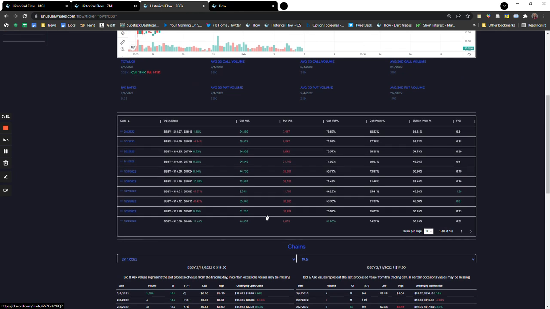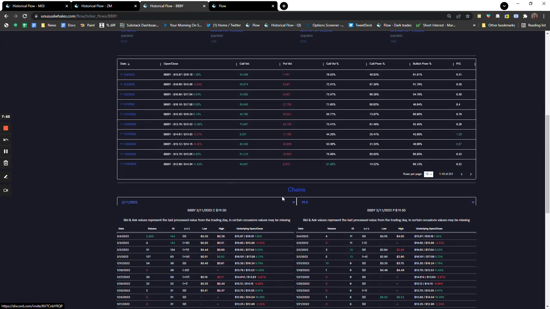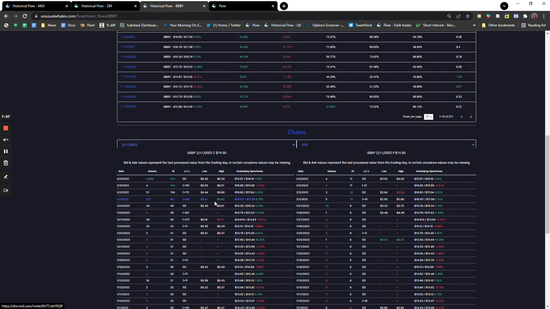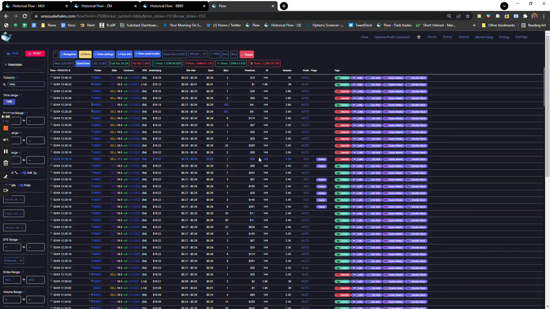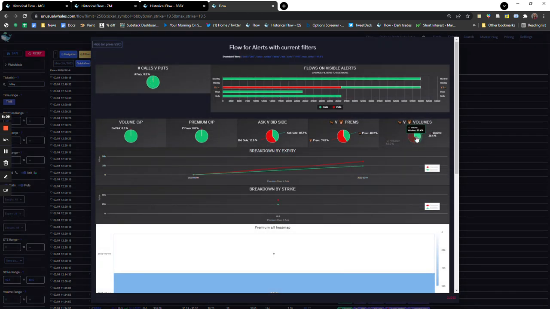But here's a really, really key thing, really quick. I want to show the importance of not just looking at volume, I'm always showing this, but also looking at the specific contract. So I pulled up the Bed Bath & Beyond contract, and here's why. So you see, show charts, it's bearish, which means they're selling these calls, right? But not necessarily.